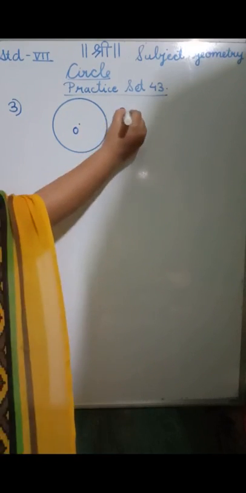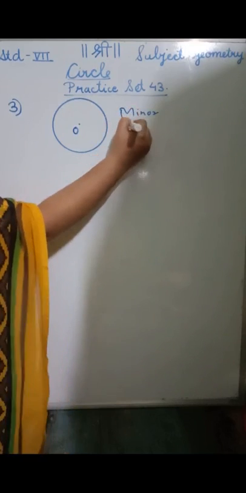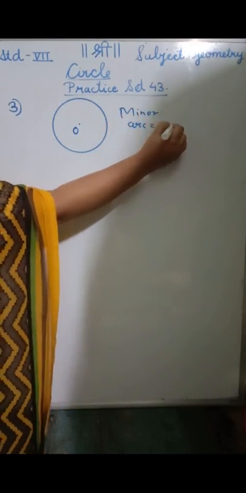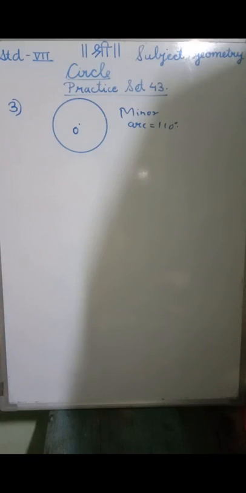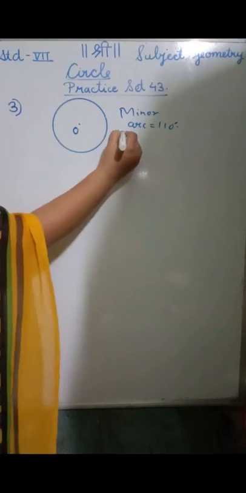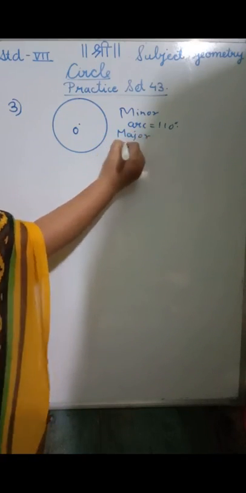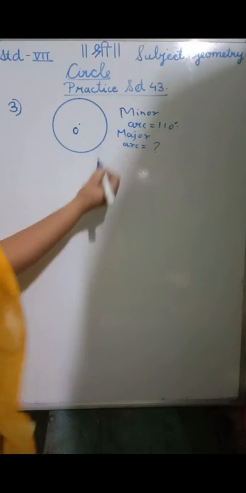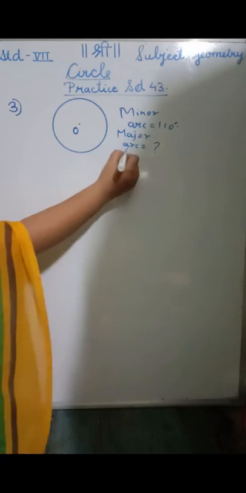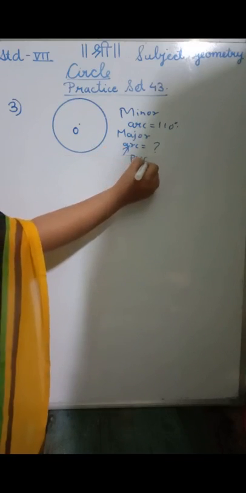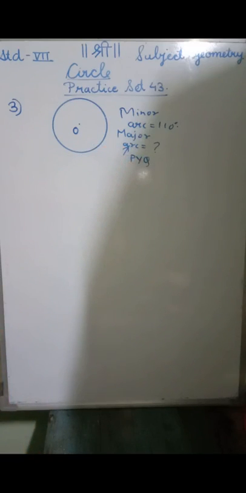Then they are telling the minor arc's measurement. So minor arc is how much? 110 degrees. And they are telling us to find out the measure of the major arc, that we don't know. But they have given us the name of this arc, that is PYQ. Okay. So no need of a diagram. We'll directly solve the sum.